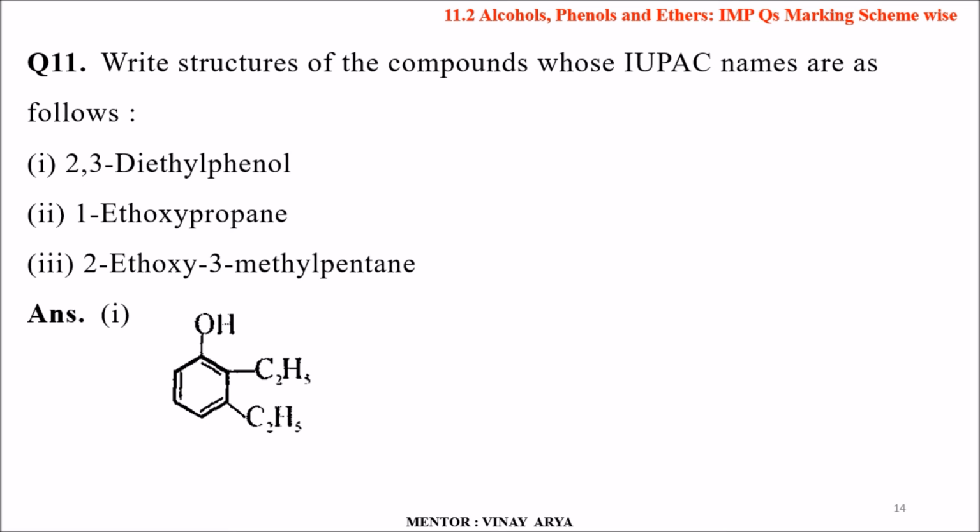Write structures of the compounds whose IUPAC names are as follows: 2,3-dimethyl phenol, 1-ethoxypropane and 2-ethoxy-3-methyl pentane. Now over here, as the first name says 2,3-diethyl phenol, phenol is to be taken, that is C6H5OH, and the second and third position should have C2H5.